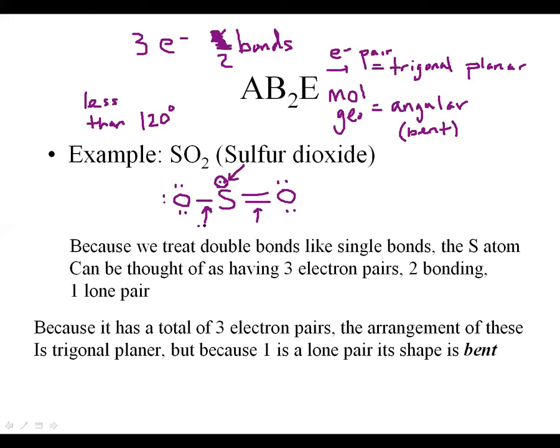But in terms of bonds, 1 bond here and 2 bonds total. So 3 electron pairs and 2 bonds give you an electron pair geometry name of trigonal planar and a molecular geometry name of angular. Any questions on that? Again, only 2 bonds, this one counting as 1 and this one counting as 1 as well.